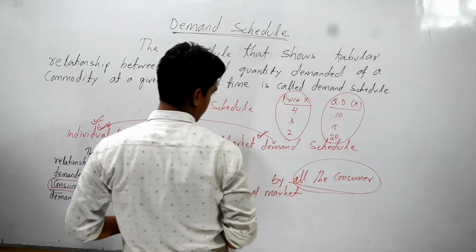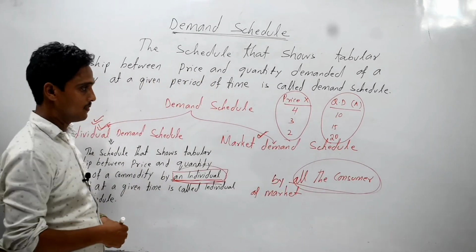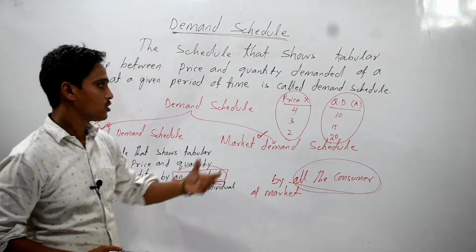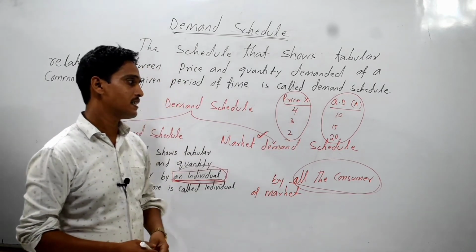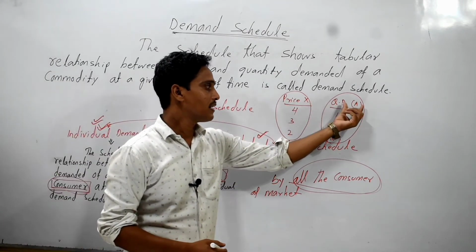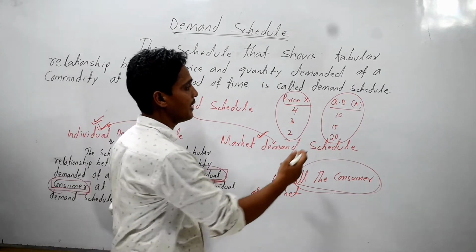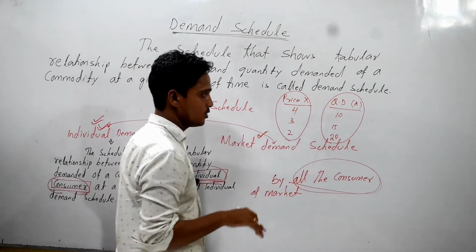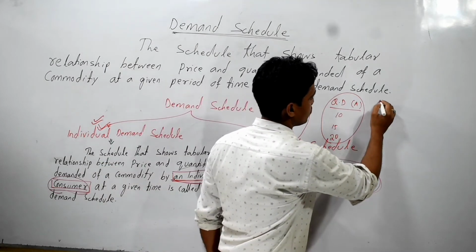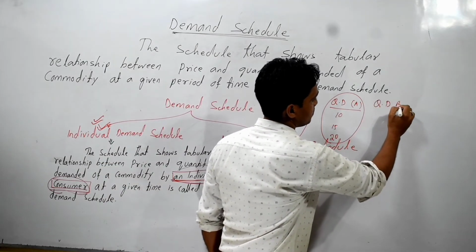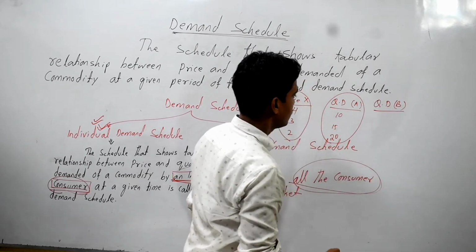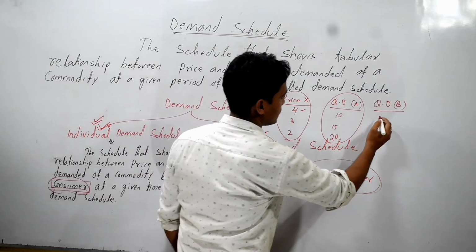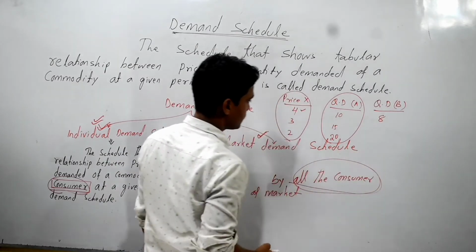Similarly, we can present it in a tabular form by taking an example. Suppose the price of X is given and quantity demanded by A is 10, 15 and 20. Suppose there is another consumer, B. At price 4, B demands 8 units.